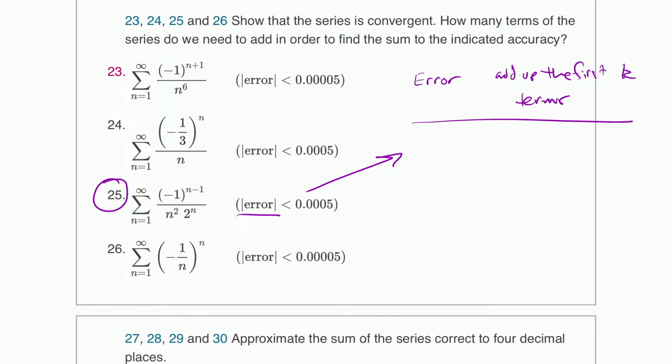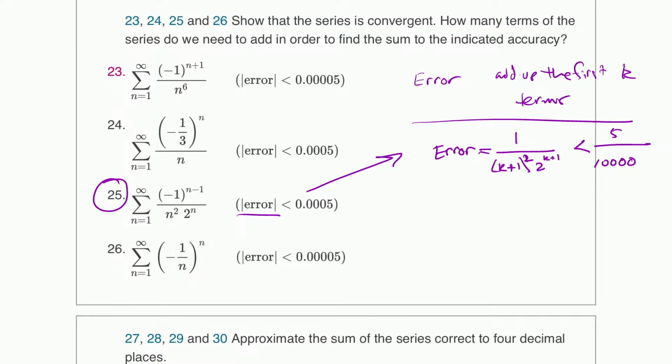So the error here is going to be 1 over k plus 1 squared times 2 to the k plus 1. And I want that to be less than 5 over 10,000.